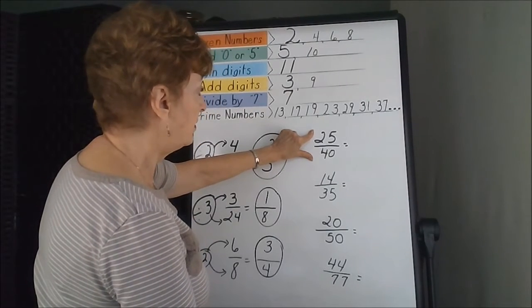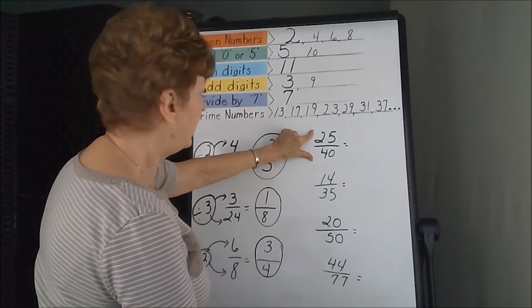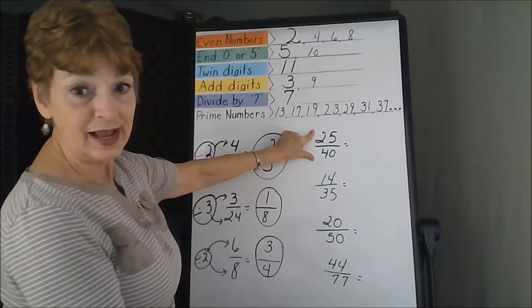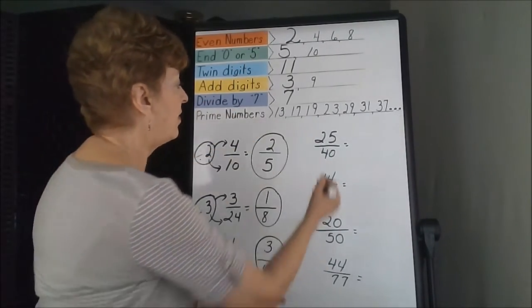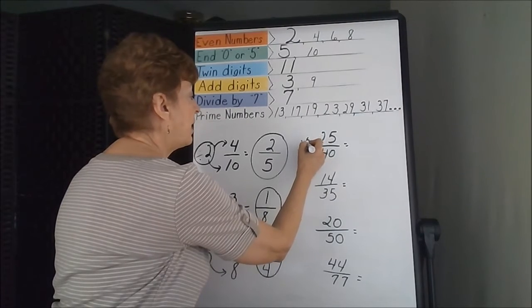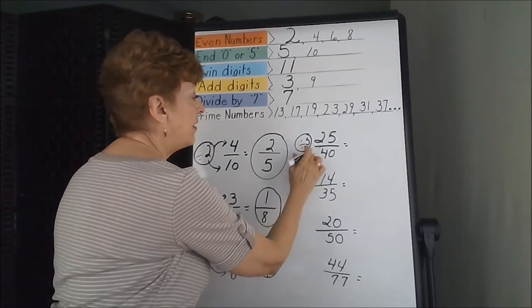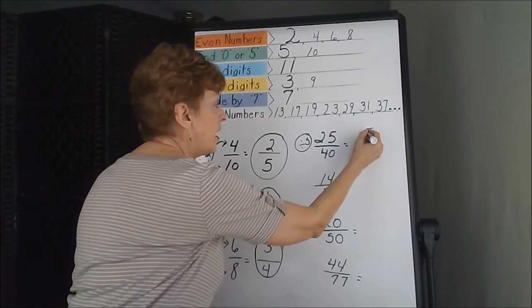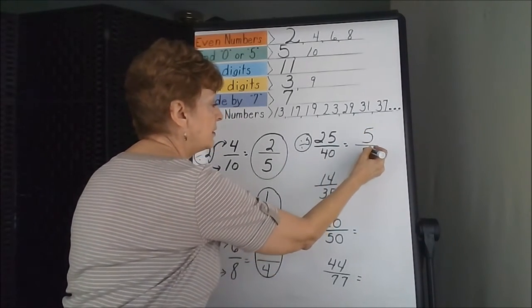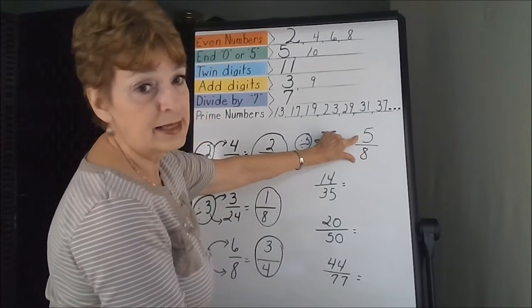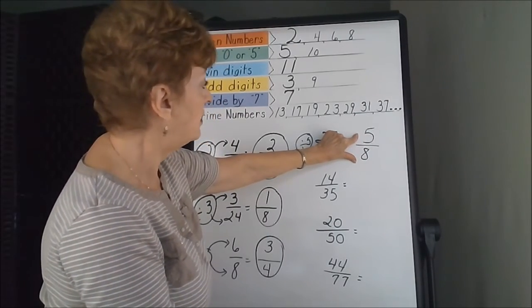Are these even? No. Do they end in a 0 or a 5? Yes. 5 works with numbers that end in a 0 or a 5. So we can divide these by 5. 5 divides into 25 5 times. 5 divides into 40 8 times. Let's see if this is in the lowest terms.